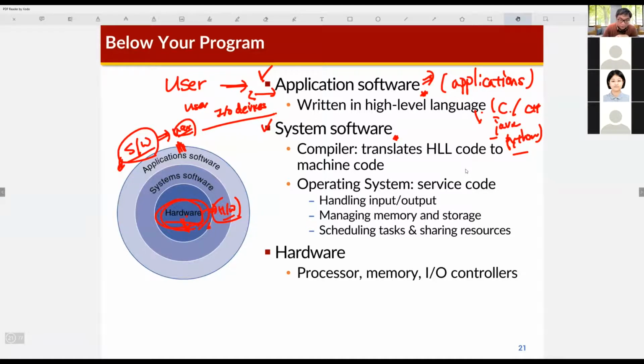So there is system software that interfaces between application software and hardware.